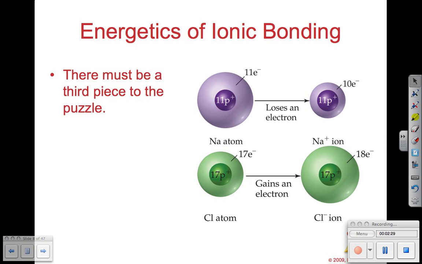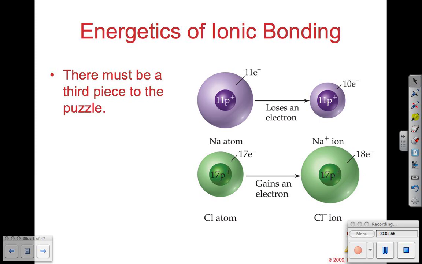There's another portion of what's holding these things together and bringing more energy into this system. And that's the fact that when sodium loses an electron and chlorine gains an electron, they become ions. A sodium atom and a chlorine atom would not be attracted to one another. They're neutral, so they have no reason to be attracted.